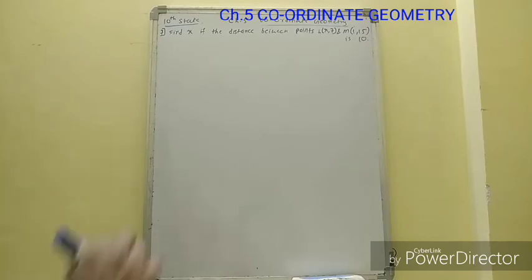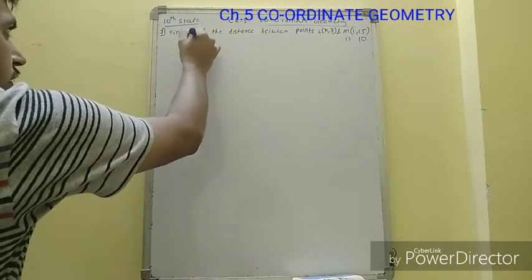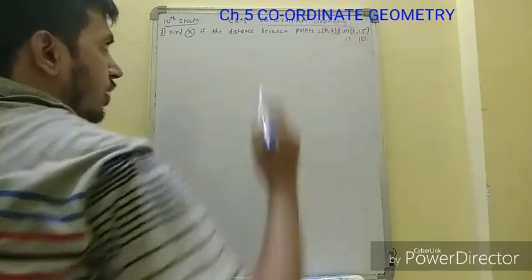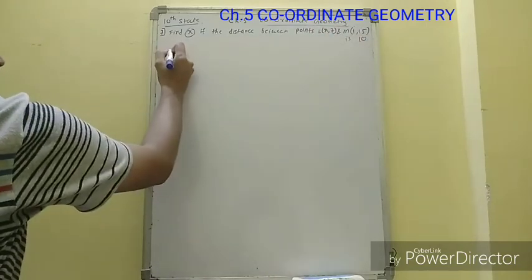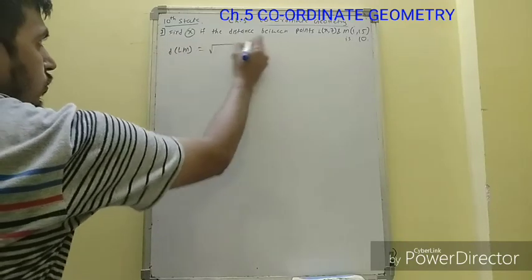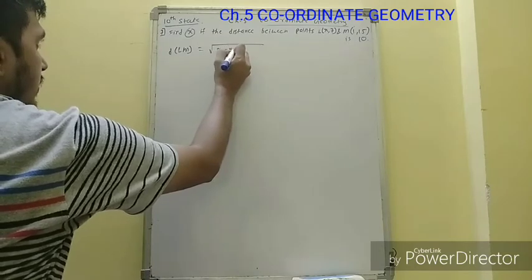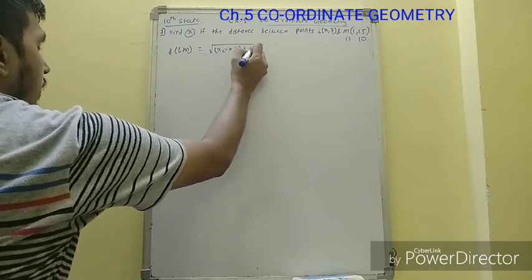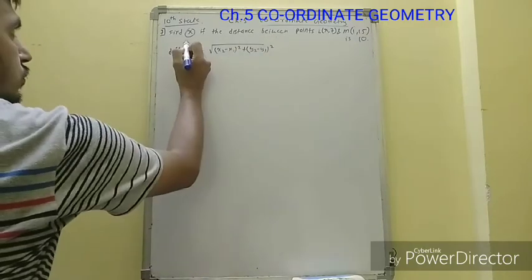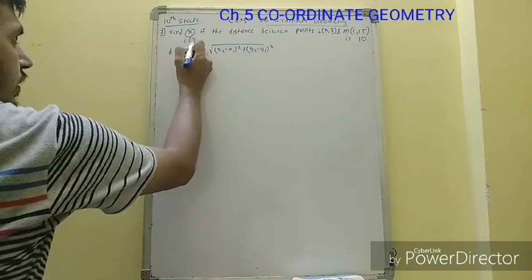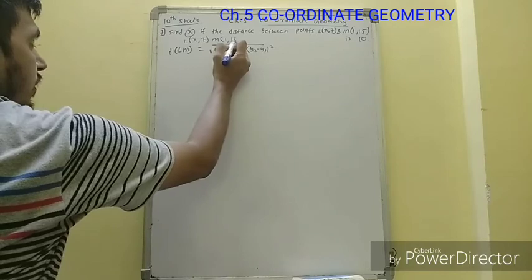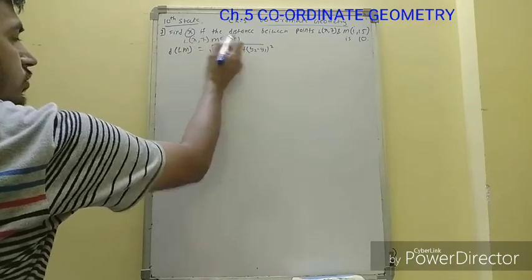Okay, the next one, the seventh one, is: find x if the distance between L (x comma 7) and M (1 comma 15) is 10. So we know the distance LM is equal to the square root of x2 minus x1, the whole square, plus y2 minus y1, the whole square. So what is L? x comma 7, and what is M? 1 comma 15. x1 y1, x2 y2.